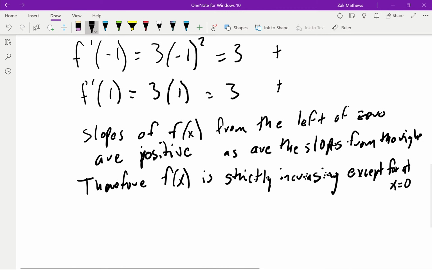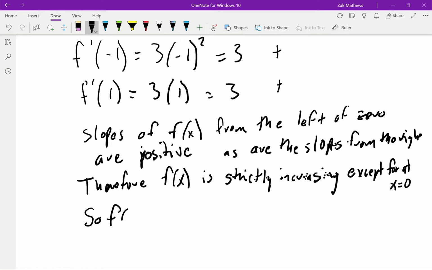Let's think about that for a minute. If we're strictly increasing, except for the one point where the derivative is equal to 0, are we ever going to be able to have those same function values? No, we can't. If our graph is strictly going up, the function value would never repeat itself.